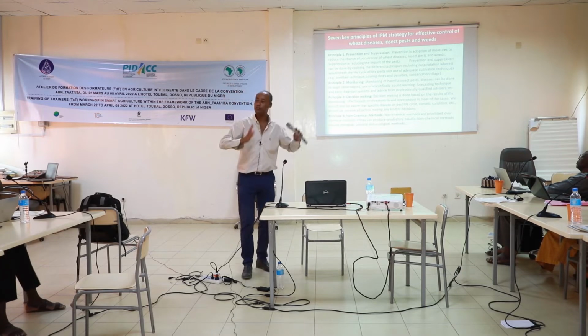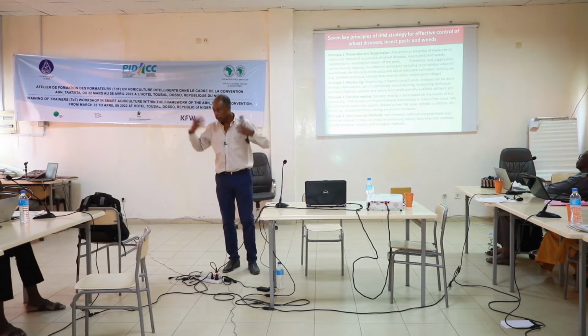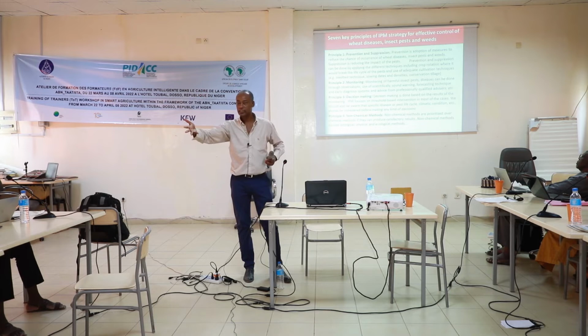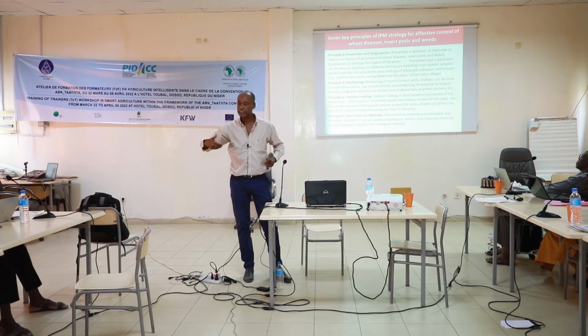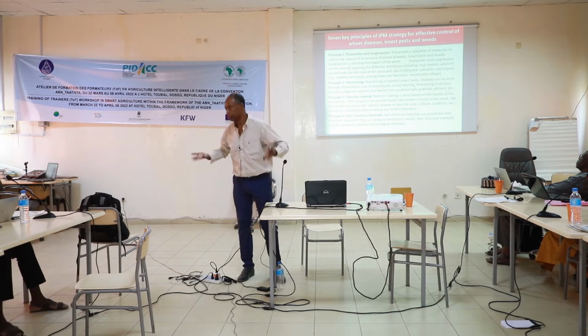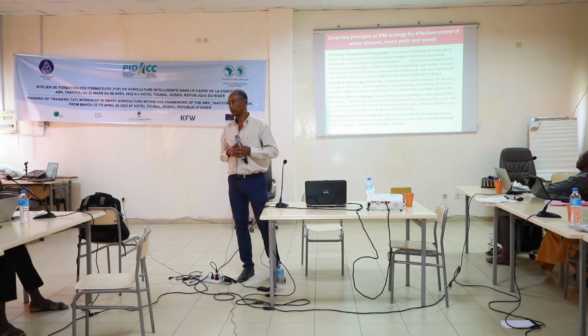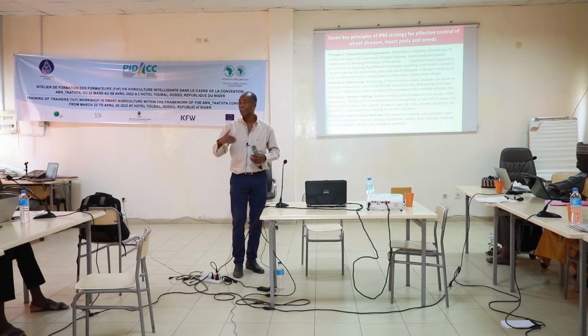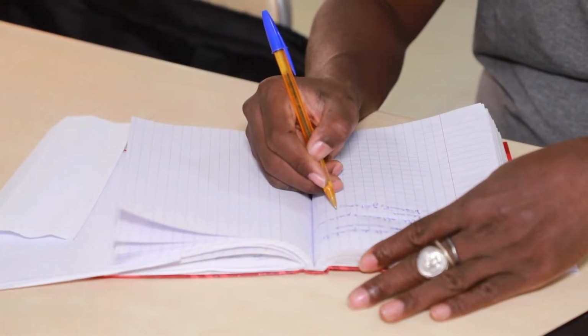But if you don't go, if you don't see our field, the disease will grow very fast, and as a result, when we apply control, it is too late for the crop. So first is prevention, second is good monitoring of the field, which is important to make a decision at the early stage.